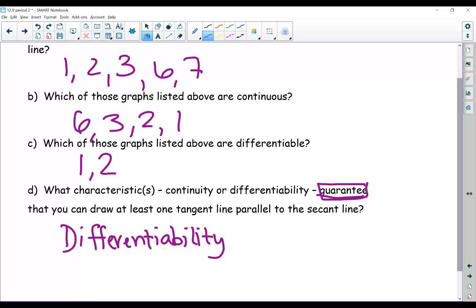If you look at these pictures, there were places where it was continuous, but I didn't have a parallel tangent, like graph number 5. That graph is continuous, but there was no parallel tangent. So even though a function is continuous, that's not enough to guarantee a parallel tangent. Whereas if I look at graphs 1 and 2, those graphs were differentiable. There's no way I can't have one. Okay, welcome to the mean value theorem.